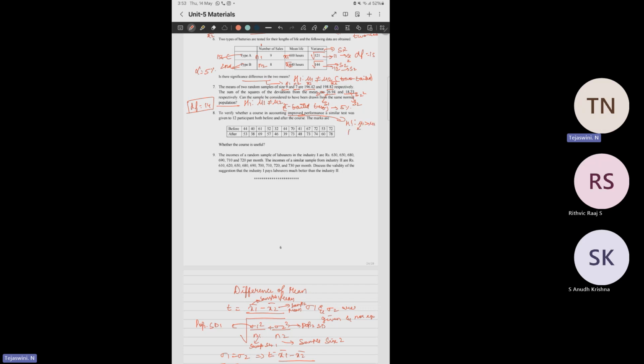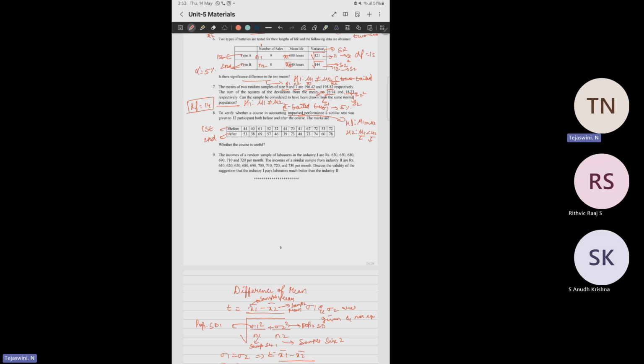The null hypothesis is mu1 is equal to mu2. If we take the first sample to be before and the second sample to be after, then it should be that mu1 is less than mu2.